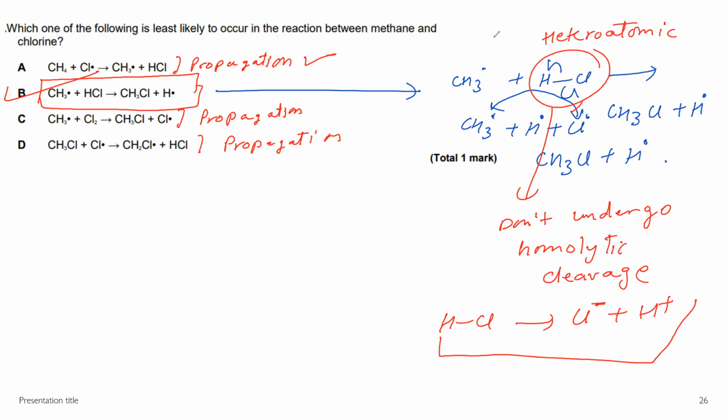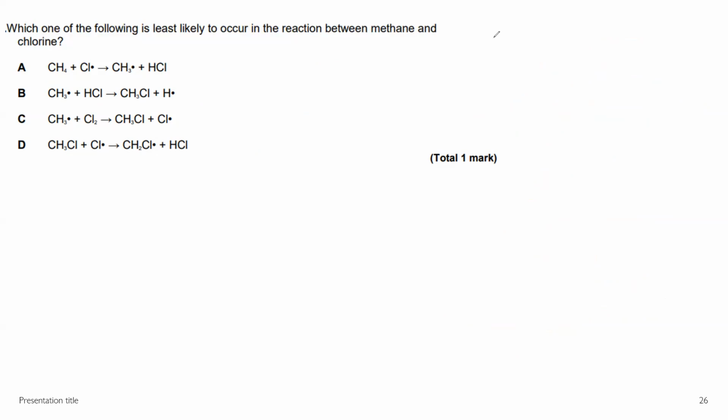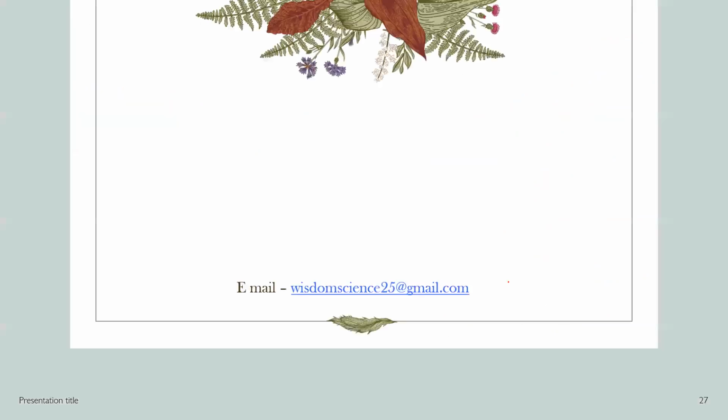So this is the least likely event to occur in the chlorination of methane. So next, I have a question for you. Do try that question.